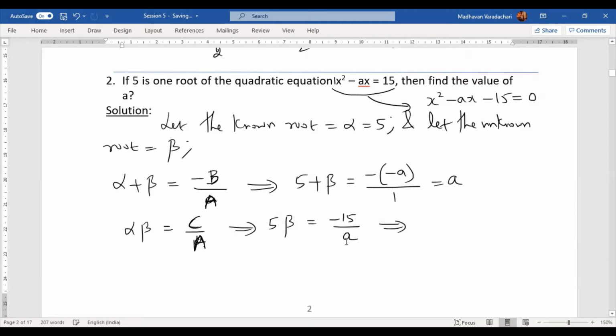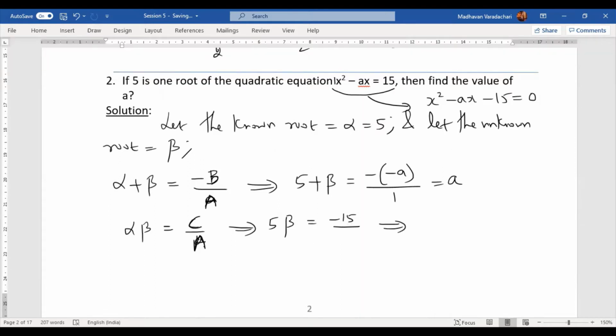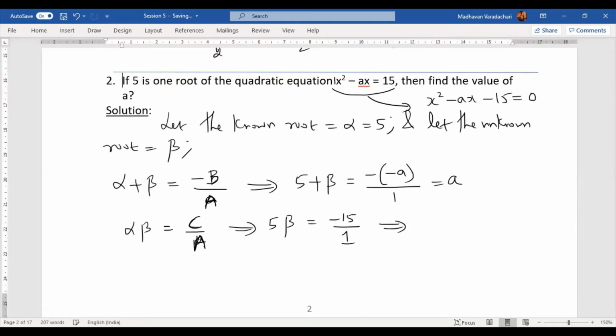So 5 beta, and here capital A is nothing but 1. Then now confusion will not be there. That means our beta is minus 15 by 5, which is negative 3. Now that we have beta value as negative 3, I can substitute it here as 5 minus 3, which is 2. That is what we require. We require the value of small a.